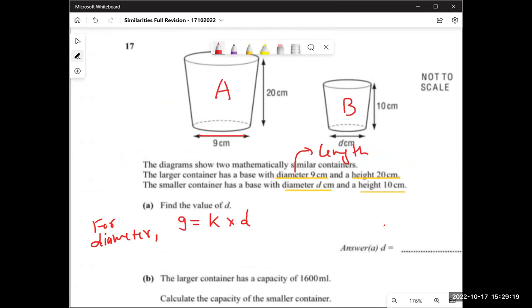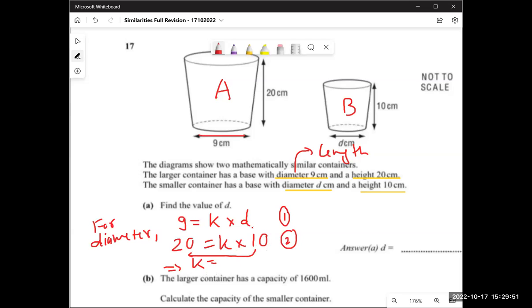And the next thing we can do is the same thing for height. The bigger one is 20, which equals k times the smaller one, 10. Now, Safa, tell me what is k? From the second equation, what is k? k is equal to 20 divided by 10.